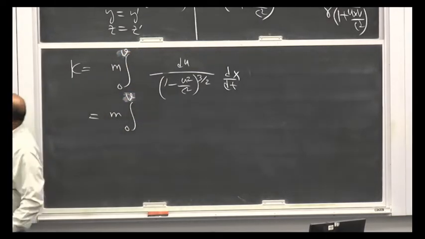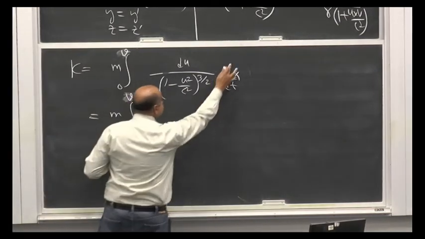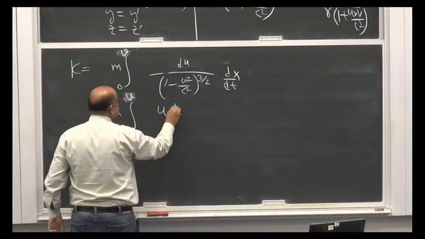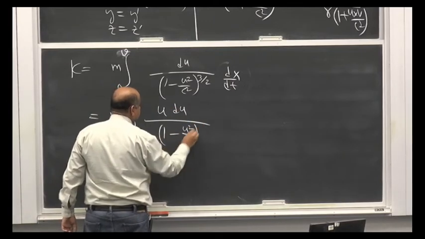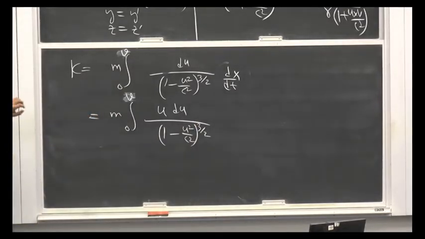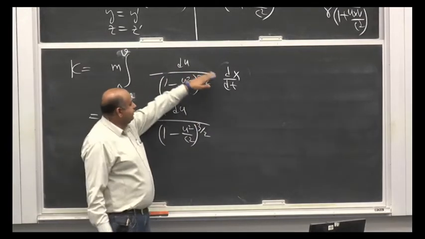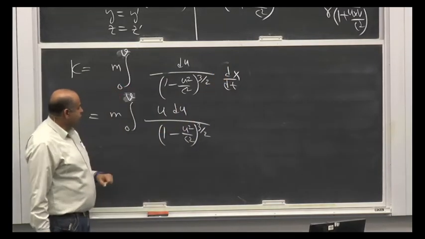So here it is 0 to v. So this is nothing but u, so this is u du. You saw the trick? The dt goes under it. This is nothing but velocity, dx by dt. So I get this u.